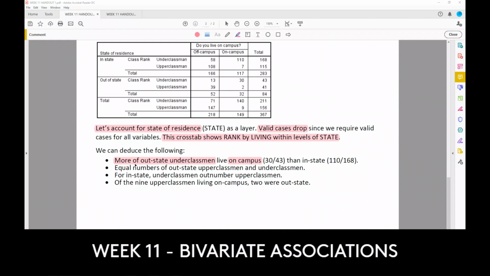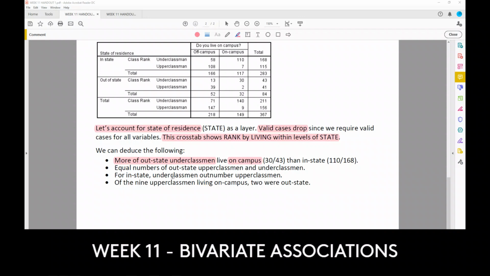So how can it be more? The reason why is because these are frequencies only. You're trying to derive the percentage within each group. So if you divide 30 out of a total of 43, you get a proportion that is about 69%. If you divide 110 from the total 168, it's something like 64%. So we are deriving the percentages or the proportions within each group.